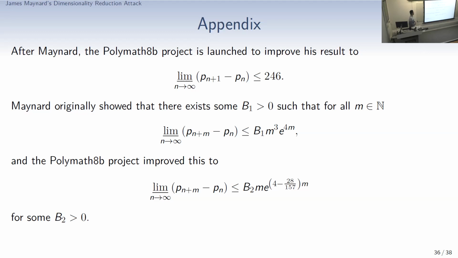Regarding this result, there's another story that explains why I even entered this field. Last December, a professor at Shanghai Jiaotong University announced that he believed he had improved this 246 bound to something like 160, and he gave a talk about the method. Back then I was still studying the Goldbach problem, so I didn't know anything about prime gaps.